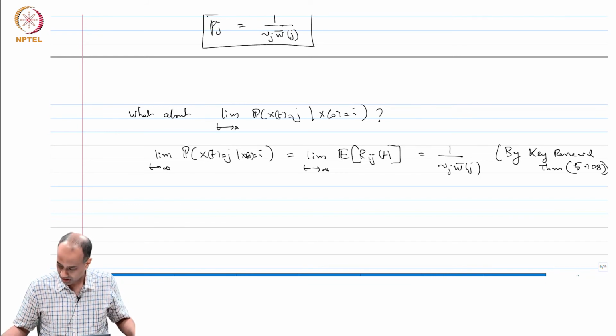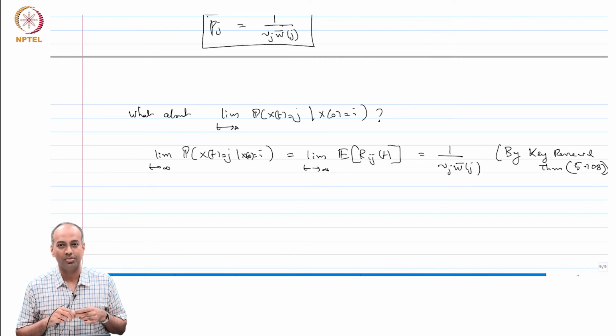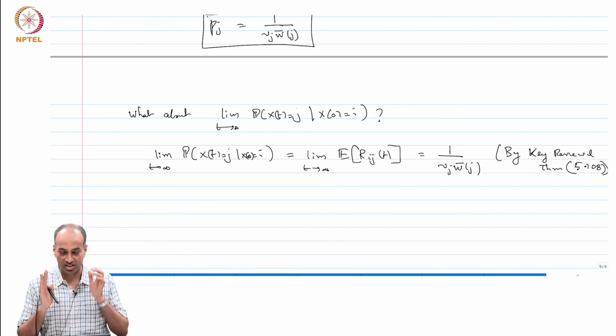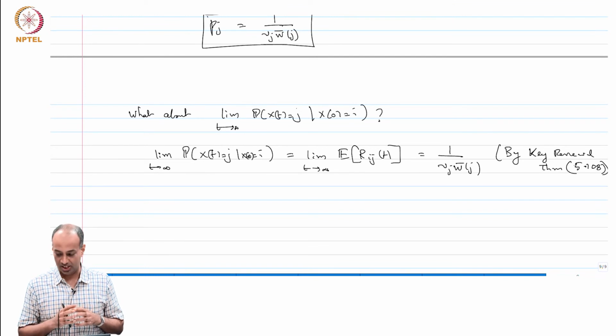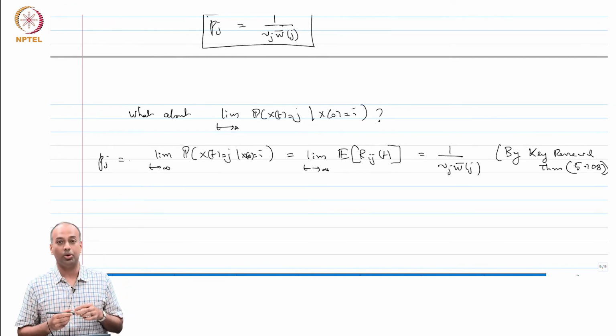Now, this w bar j we have to characterize in terms of something that we understand about the process. What have we established so far? So far we have established that the fraction of time spent in state j exists almost surely and is equal to 1 over nu j wj bar, and this Pj is also the steady state probability of being in state j after a very long time.